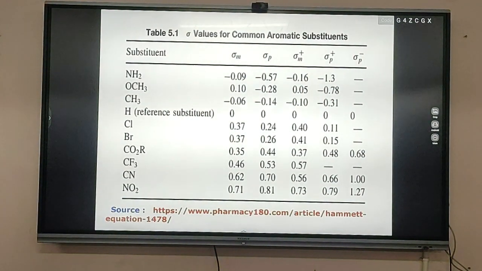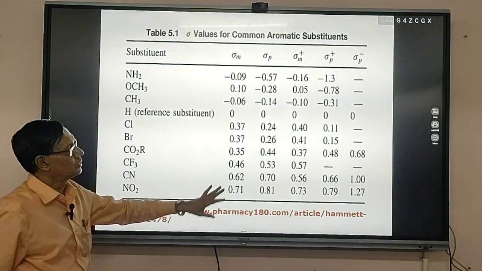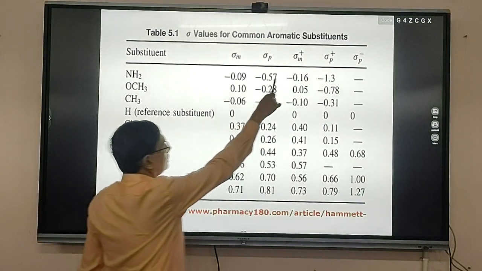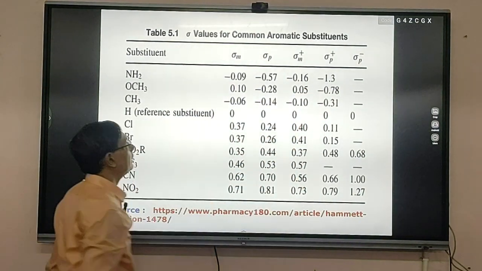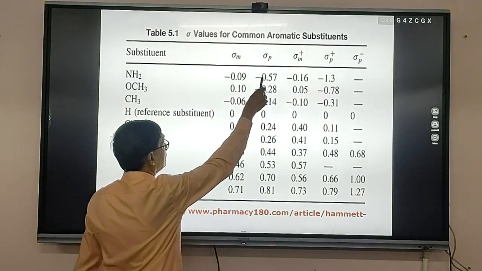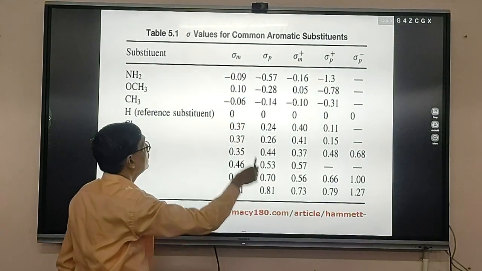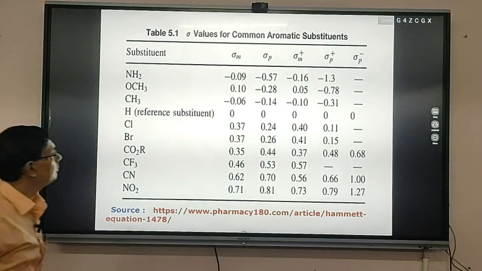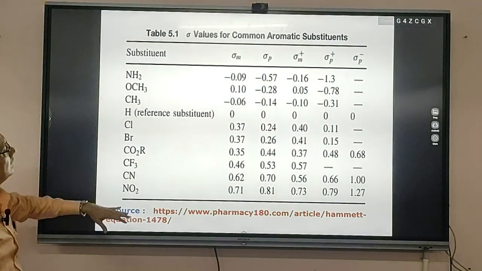Now these are common values. They are available in any book because it is a constant. So don't worry about this extension of the Hammett equation. You just concentrate only on this substituent constant for the para position and the substituent constant for the meta position of different types of substituents.